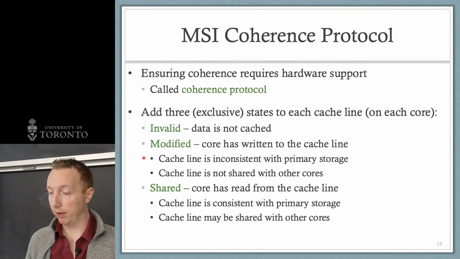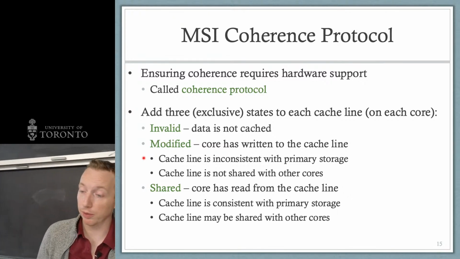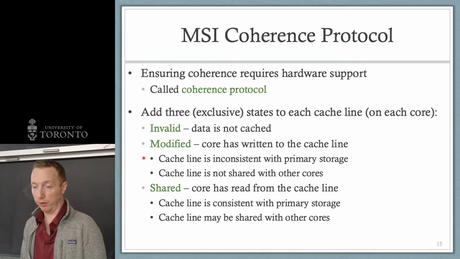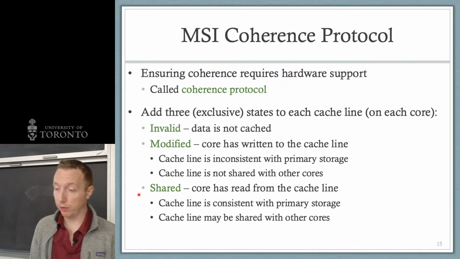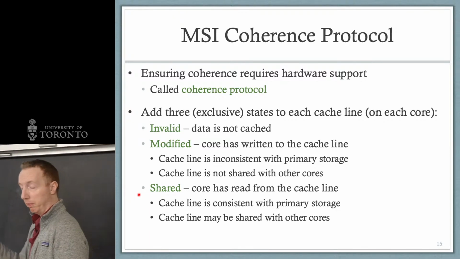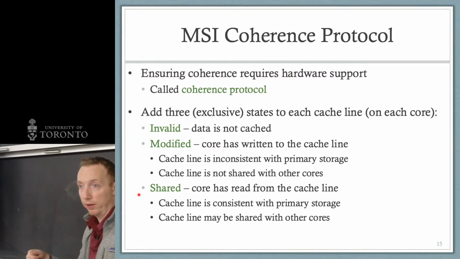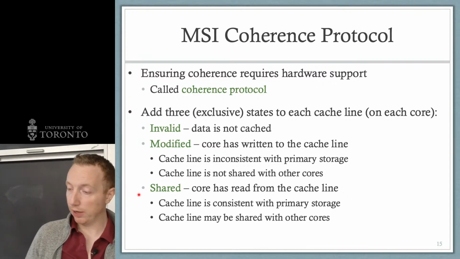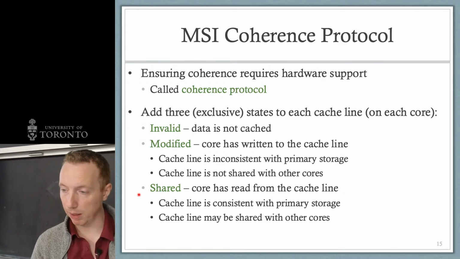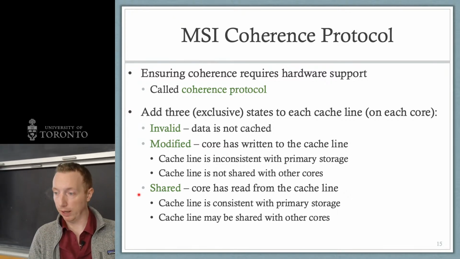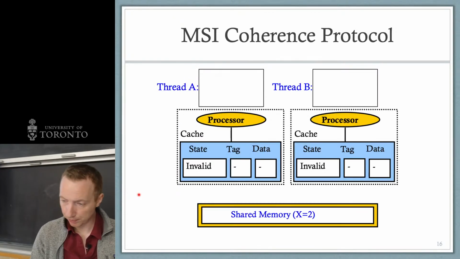And if it's modified, you also know that it's not shared with other cores. If it is shared, then if it's in this state, you know it's consistent. So the cache line might be shared with other cores, and it's also consistent with main memory. So those are the valid states we have.